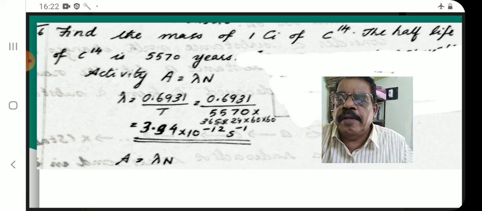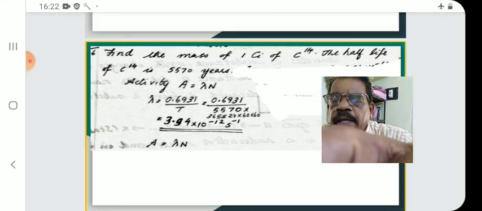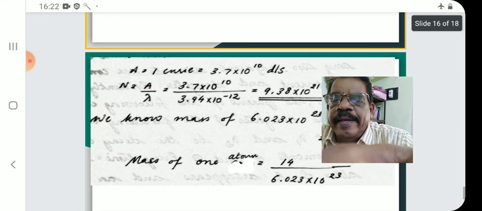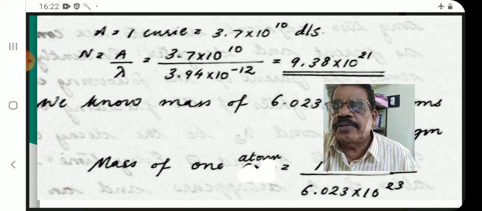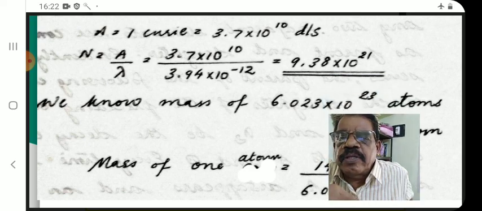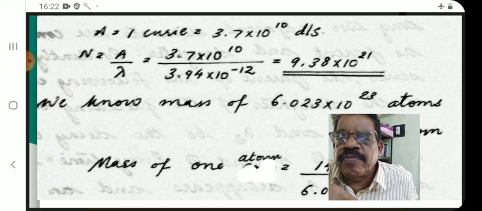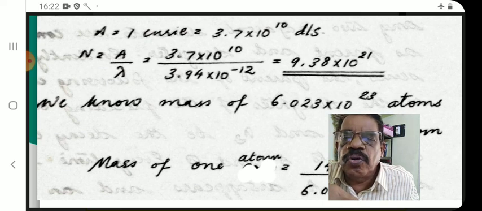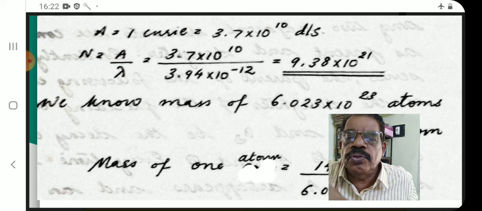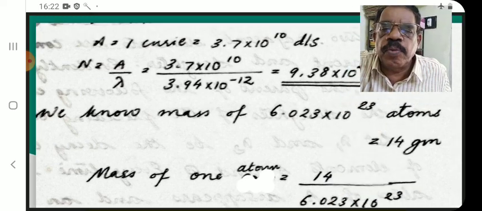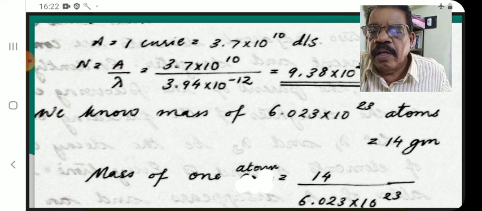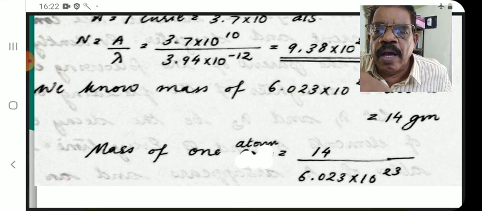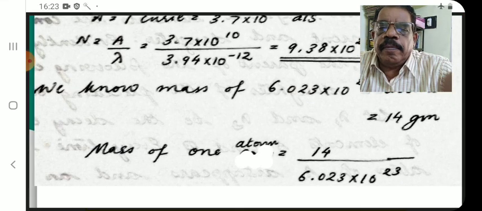A is lambda N. A is 1 curie, 3.7 into 10 raised to 10 disintegrations per second. Therefore, N is A by lambda, 3.7 into 10 raised to 10 by 3.94 into 10 raised to minus 12, which is 9.38 into 10 raised to 21. We know the mass of 6.023 into 10 raised to 23 atoms is 14 gram. Therefore, mass of one atom is 14 by 6.023 into 10 raised to 23.